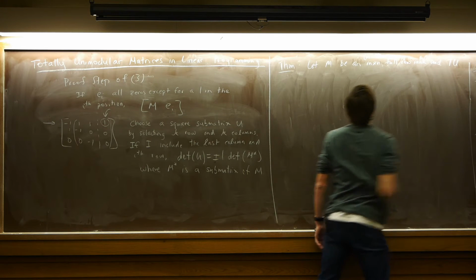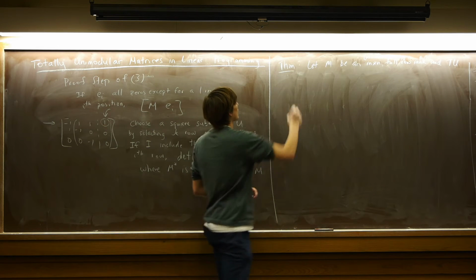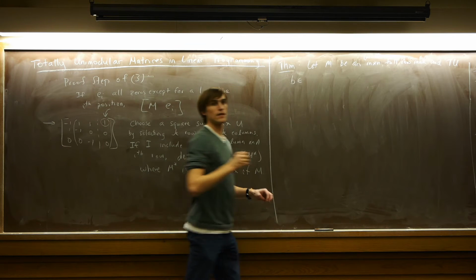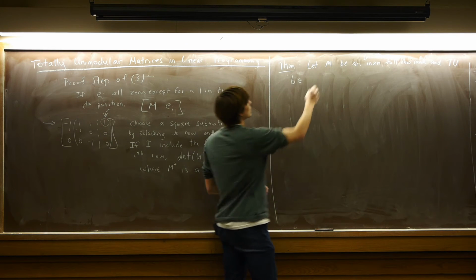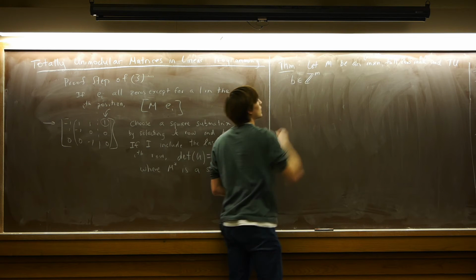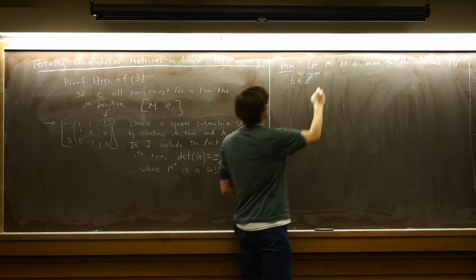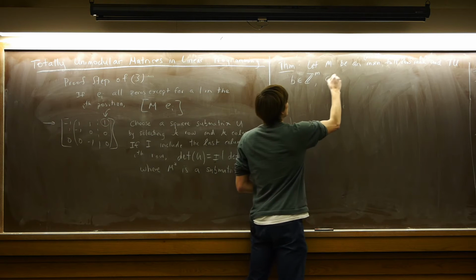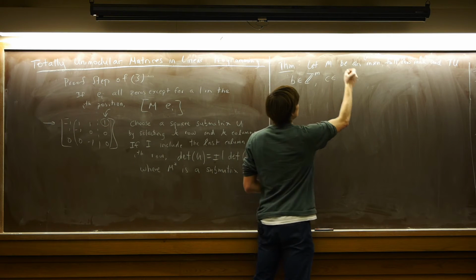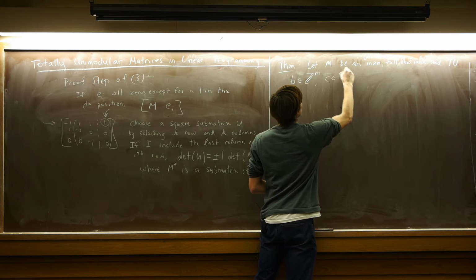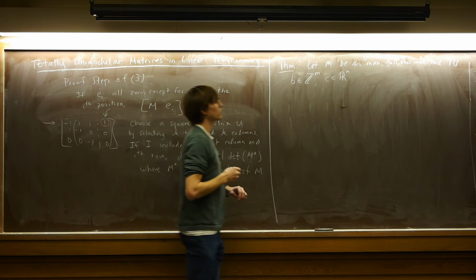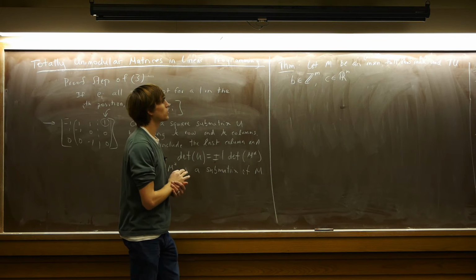Of course, totally unimodular. Let's say that I have this vector B. It's length M and it's all integers. It's a length M integer vector. C is going to be just a coefficient vector for a linear program. It can be anything from the reals.